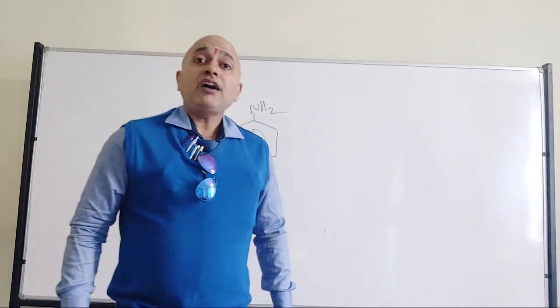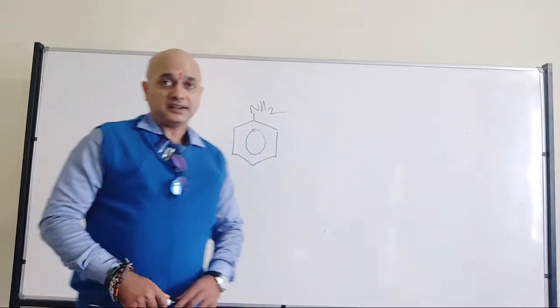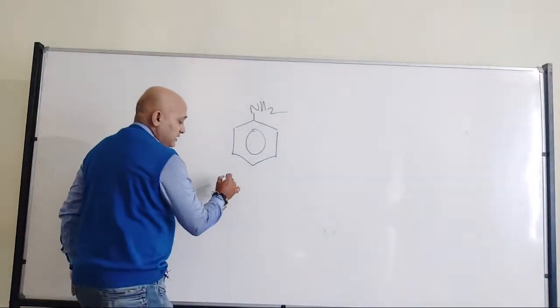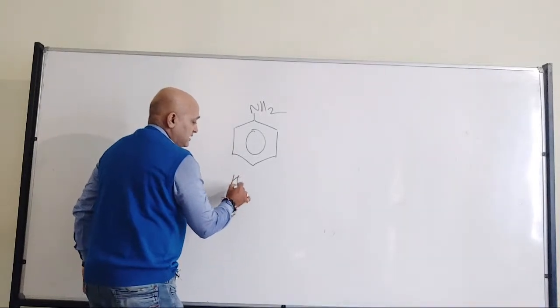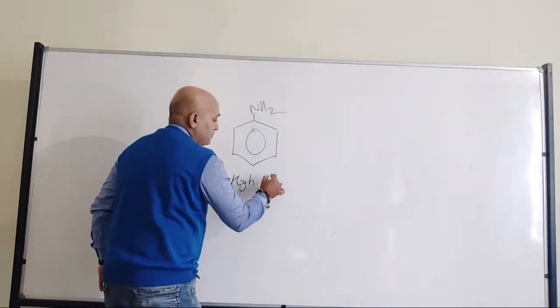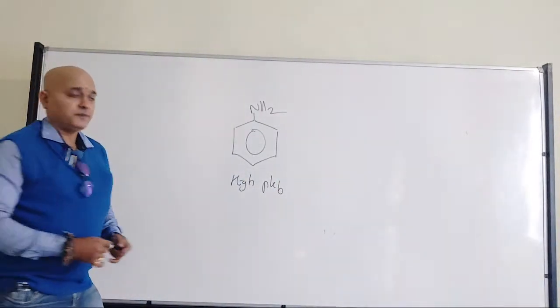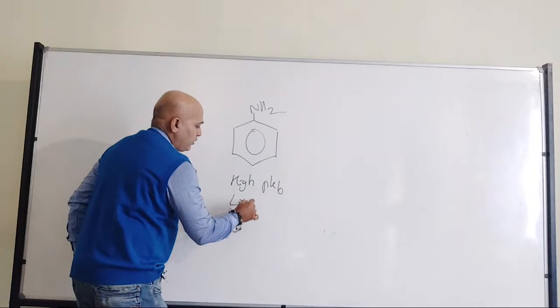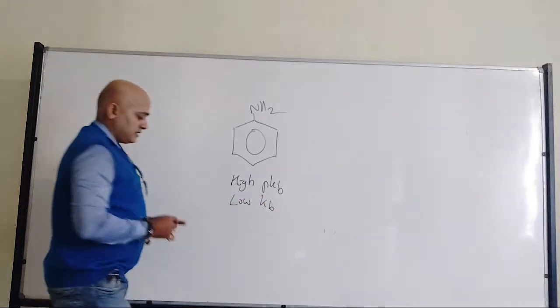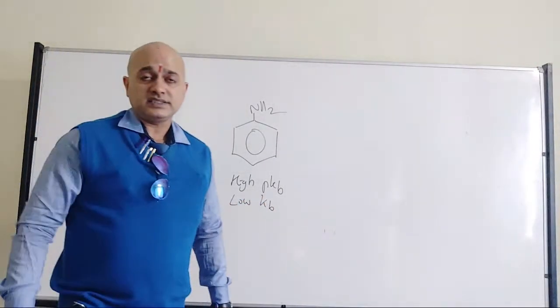Naturally, it should have very little Lewis base character. It will have less Lewis base character, or I can say high pKb value, or I can say low Kb value compared to other amines.